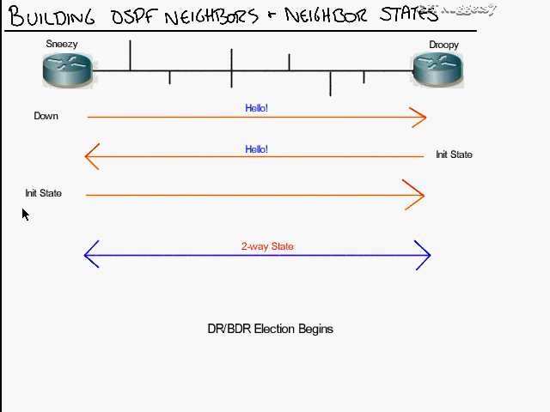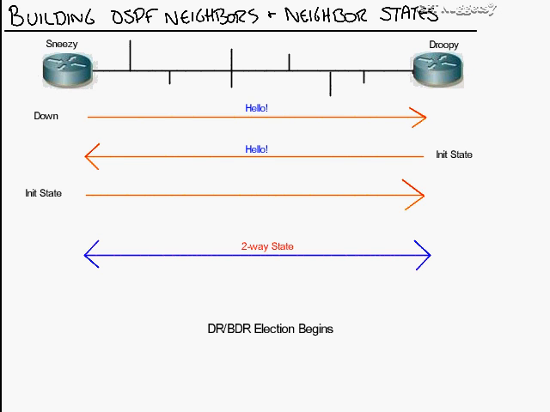If they do match, and now all that is kosher between the two routers, they will enter what's known as a two-way state. And if you do a show IP OSPF neighbor, they will show two-way as the neighbor. And at that point, the DR and the BDR election begins. And that's where we elect the DR and the BDR based on the priority. And we'll get into that once we get into the configuration.